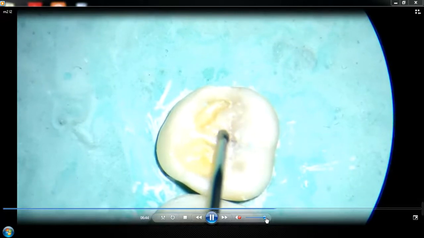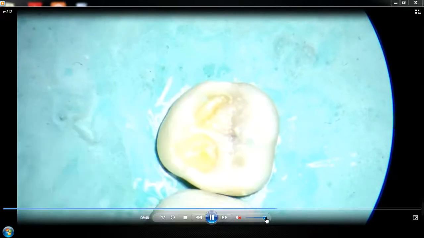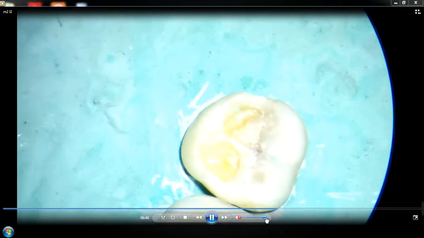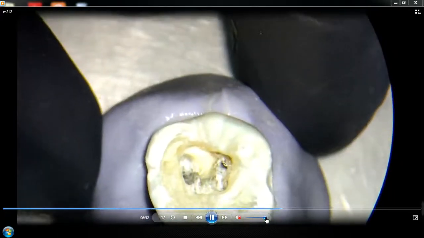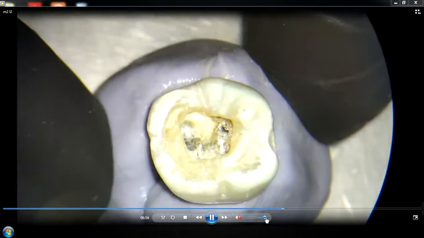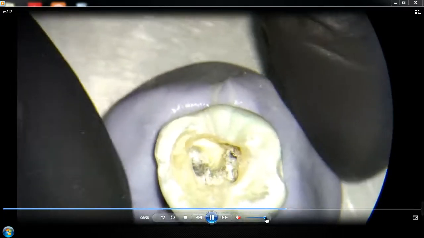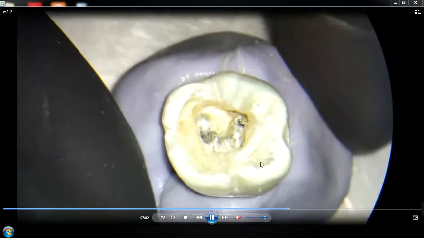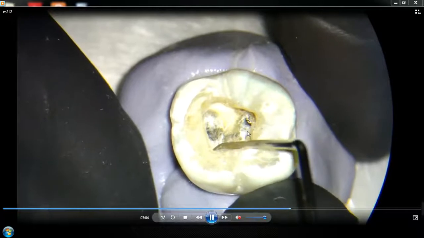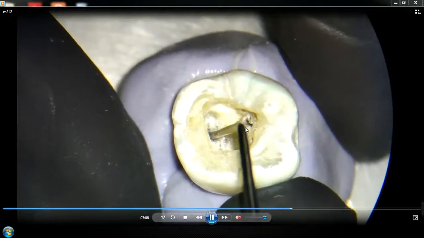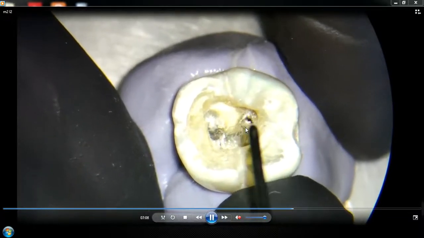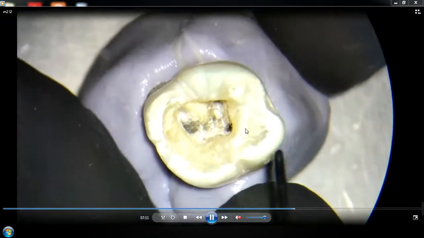I have already told that if there is caries present, total caries removal should be done before access cavity preparation is initiated. I am showing you one of the examples that we did for the participants. You can see a distal canal and two mesial canals here. My DG16 will go in and show you how appropriately we have found them.